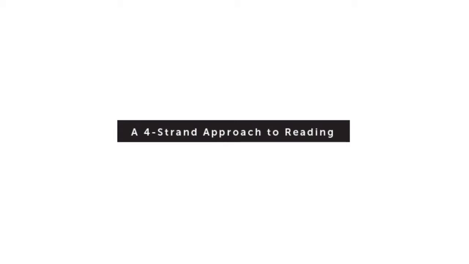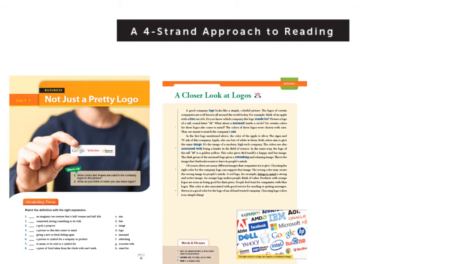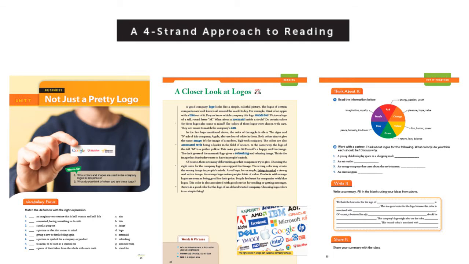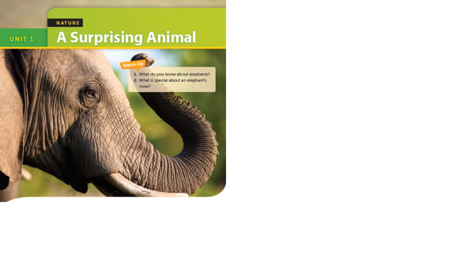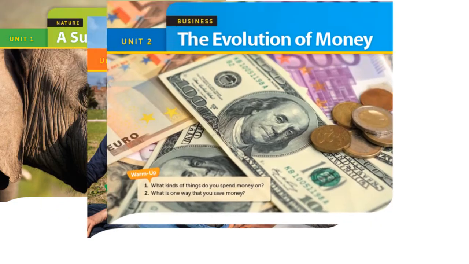The series has been developed to support a 4-strand approach to language instruction. Each unit incorporates reading and listening passages of related content to both engage and inform learners. The graded levels allow learners to comfortably progress to longer and more challenging topics as they move from book to book.